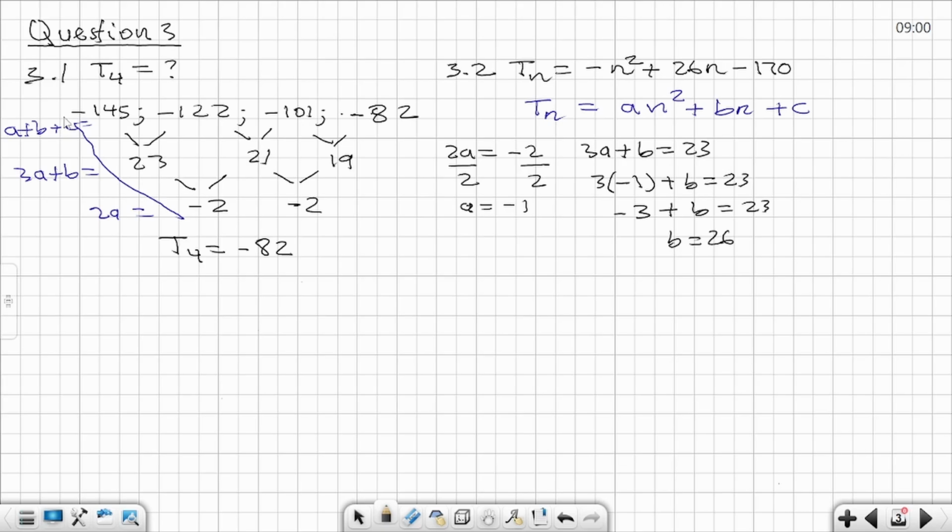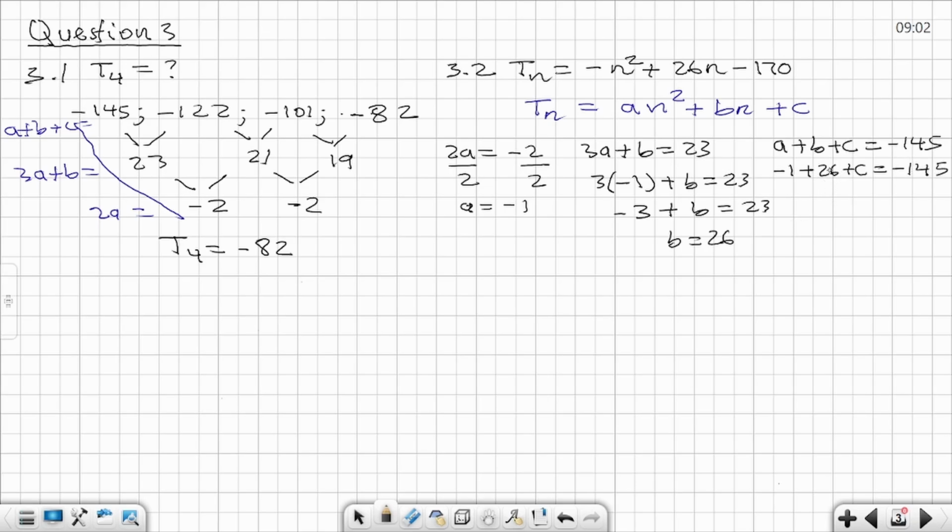Now use this equation. You have a plus b plus c equal to negative 145. Your a is equal to negative 1, your b is equal to 26, plus c, equal to negative 145.